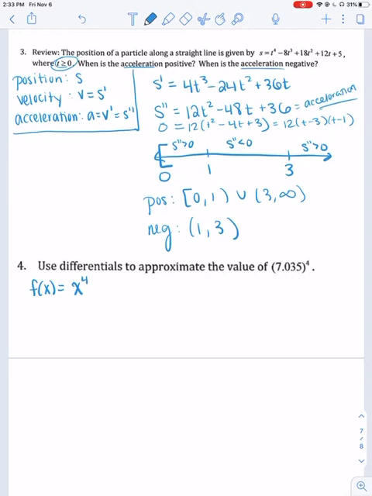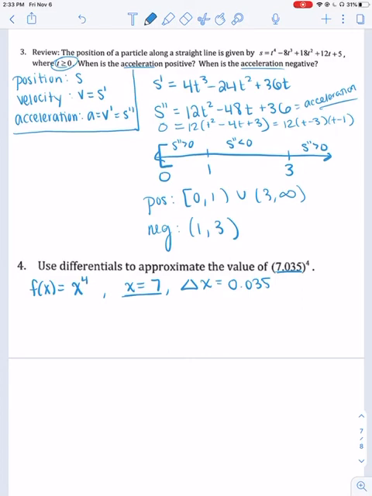So we're going to choose the nearest whole number. If it's a square root, you should choose the nearest whole number that you know the square root of. So here I'm going to choose my x as 7, and my delta x should be the difference between the number you pick and the number you're trying to find. The difference between 7 and 7.035 is 0.035.